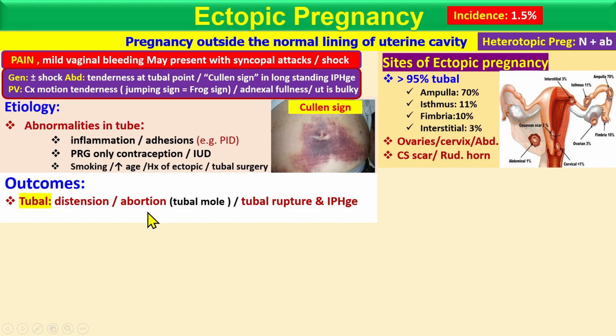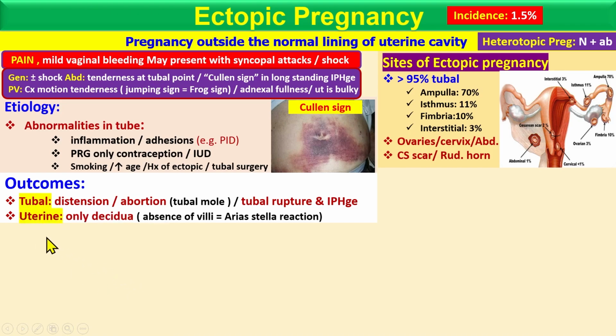Sometimes it may abort, meaning it aborts from here, and most of the time if it has aborted, you will find the products in the abdomen or in the peritoneum, or sometimes it may come to the uterus, but rarely. Sometimes the tube may rupture due to the size of the ectopic pregnancy, with intraperitoneal hemorrhage. So these are the most common complications, or you can say outcomes, of the ectopic pregnancy.